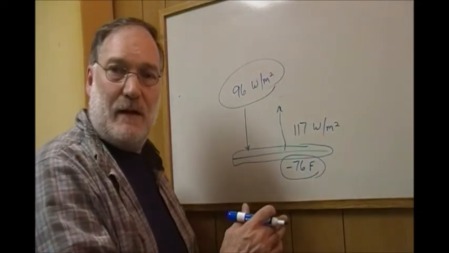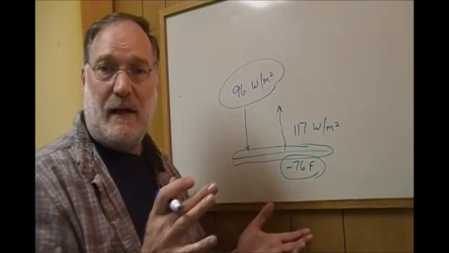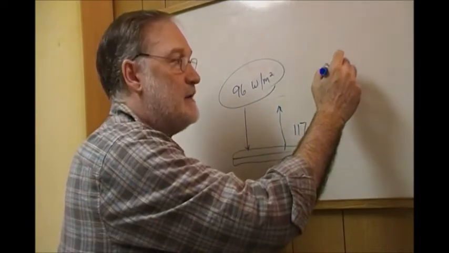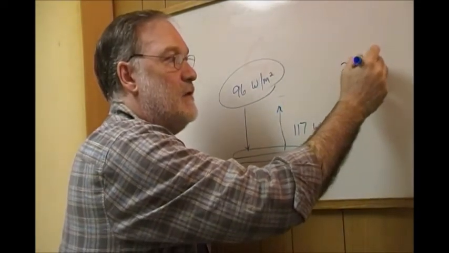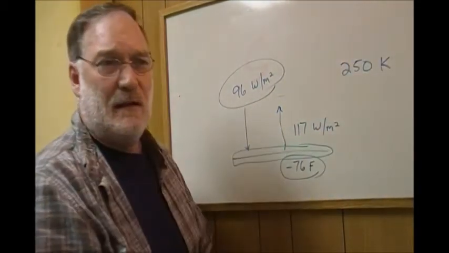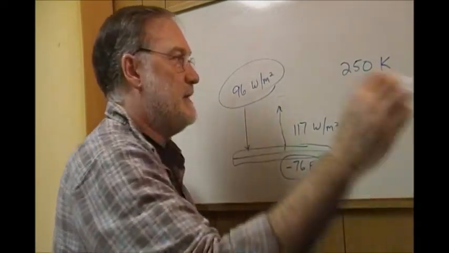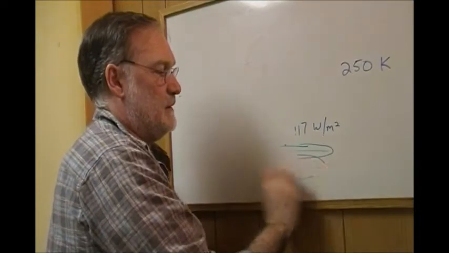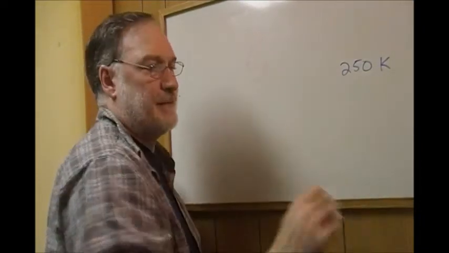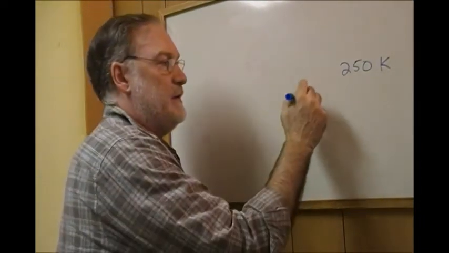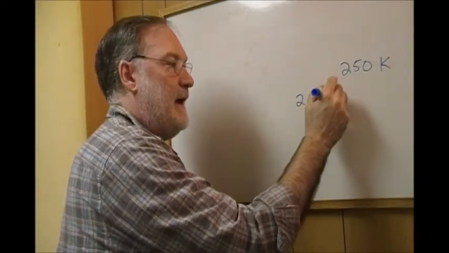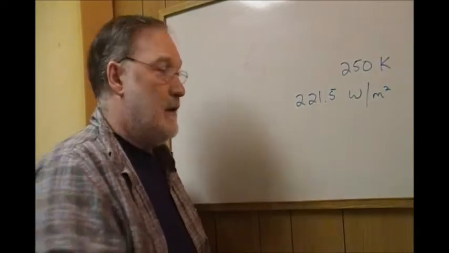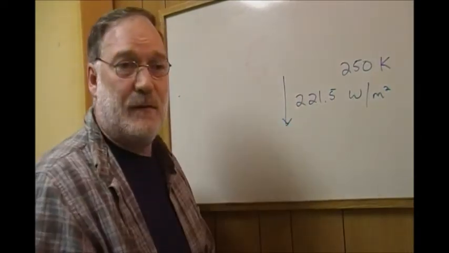Now the average air temperature, we said in the U.S. standard atmosphere, which represents the average of the whole Earth, 250 Kelvin is the average temperature of all the air molecules in the atmosphere. Well, that would produce 221.5 watts per square meter on average of back radiation.